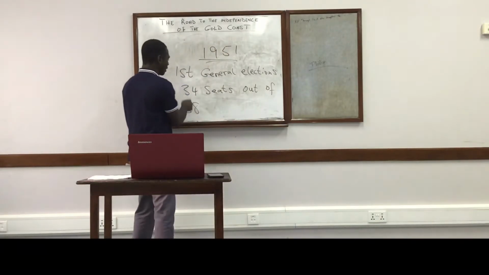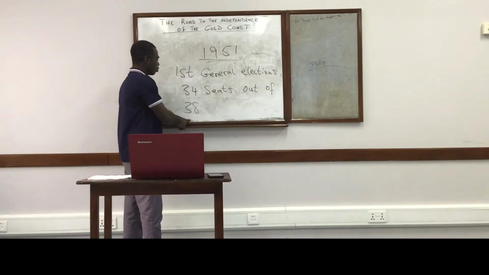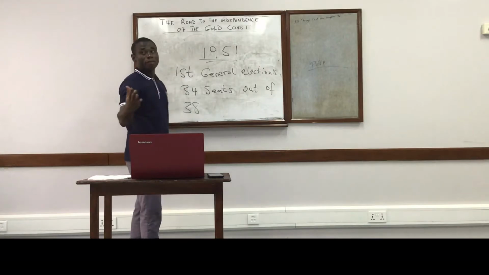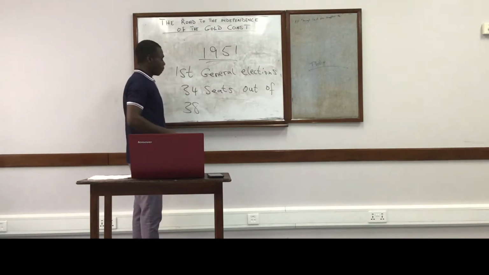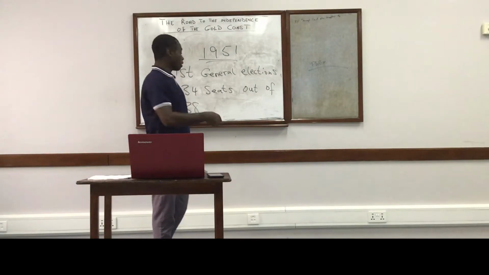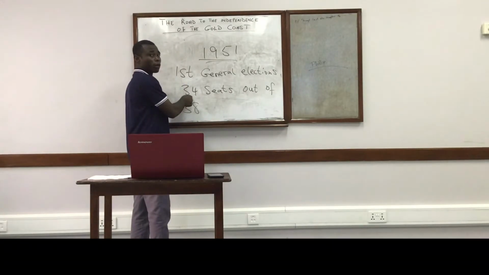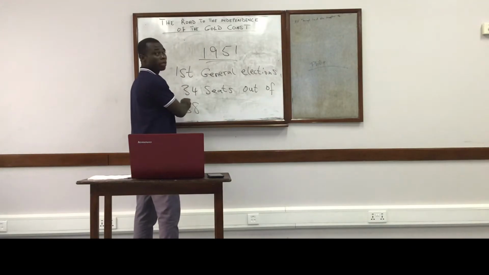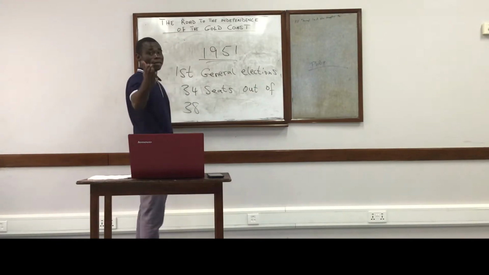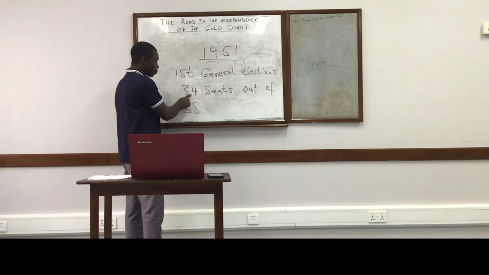When I say 38 seats, I'm talking about the parliament. So in the parliament, or the National Assembly, the CPP had 34 members of parliament, and Nkrumah himself was part of them. He also contested the election, and he won in his constituency. So he was part of the 34.